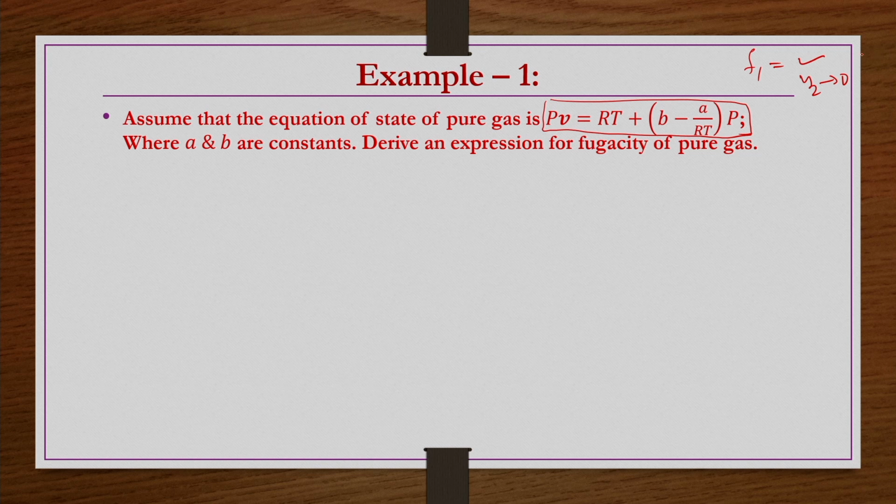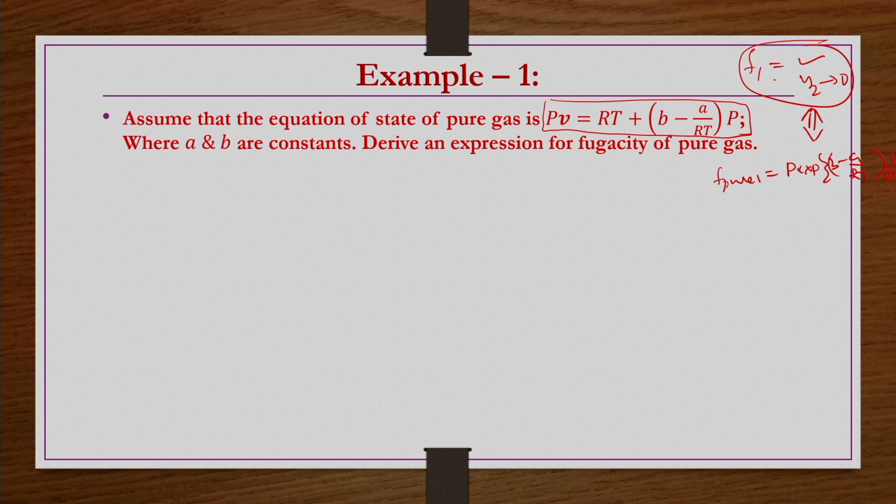The second correction has the y2 term, so that term goes off and only the first exponential term remains. So what we got is f pure 1 equals P exponential of (B minus A by RT) P by RT. We derived this by substituting y2 equals 0 in this expression.